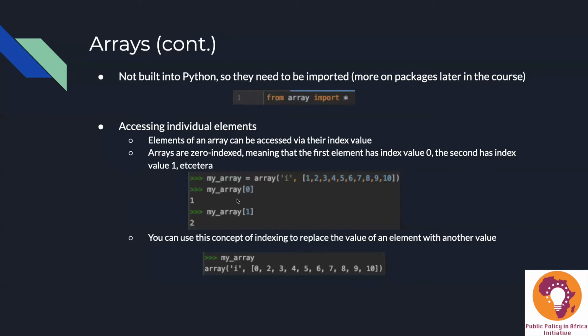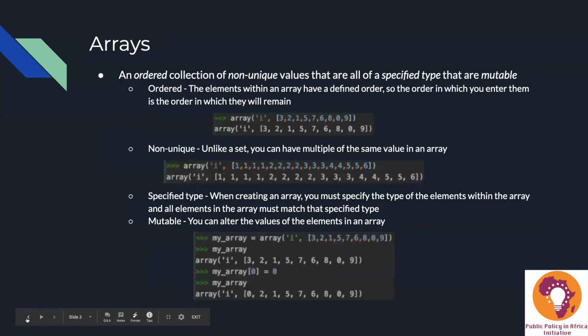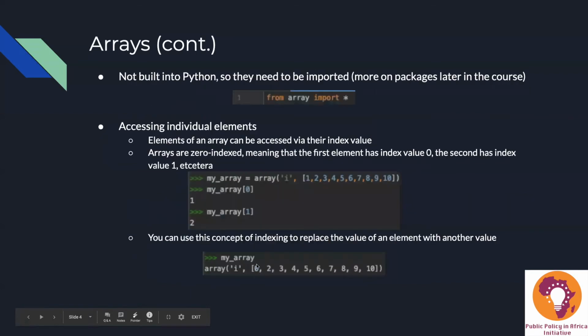Then I can, like I did on the previous slide, where I had my array at index 0, replace it with the value 0. That's exactly what I essentially did here. And then now that value is 0. So I replaced the element at index 0, or updated the value at index 0 to the value 0.